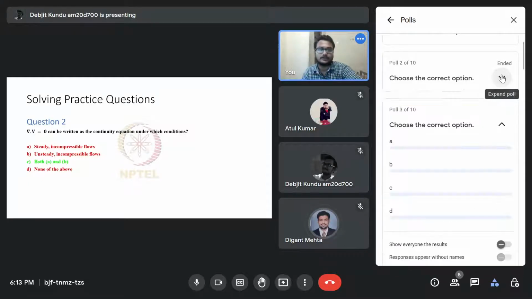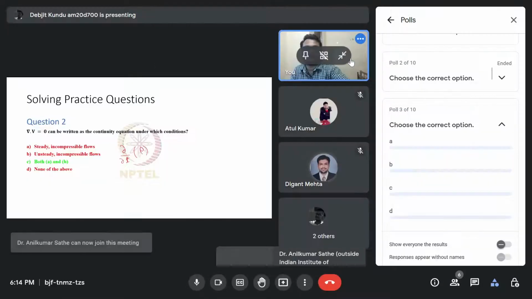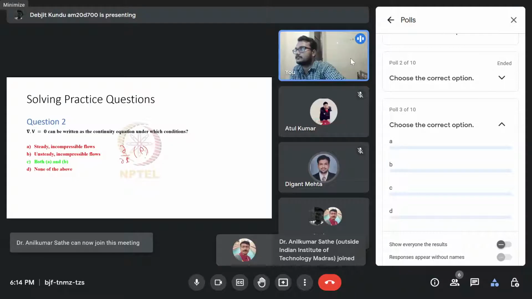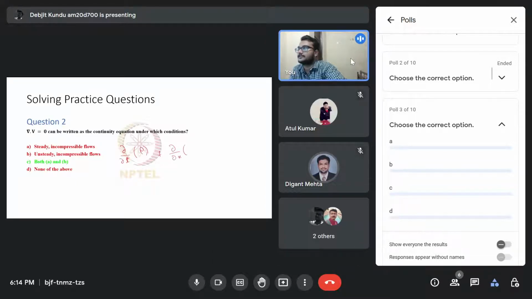So let me try to explain this a bit. If we take a look at the continuity equation in general, that is dou t of rho, plus dou x of say rho u and so on.